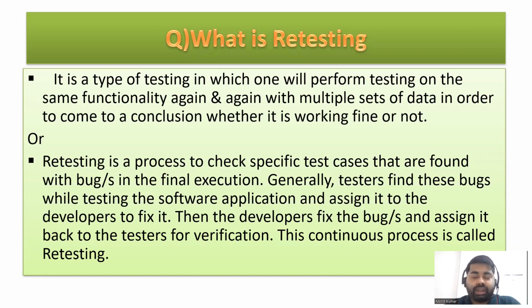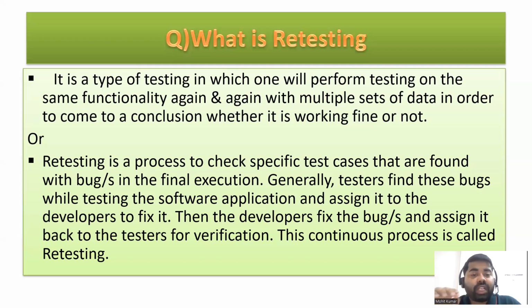I have tested it, and again I'm getting some issue. Then we can give the proper screenshot, and again we can assign it to the developer. Again they will open this, again they will fix it, and again it will come to us. Again we can retest. Until the application defect is fixed, we keep testing. That is called retesting.